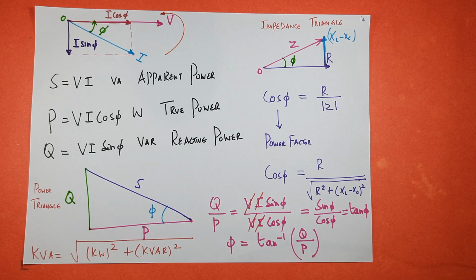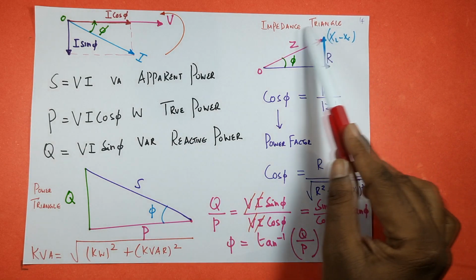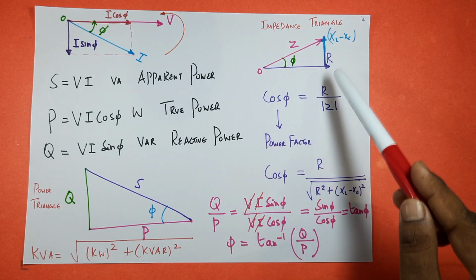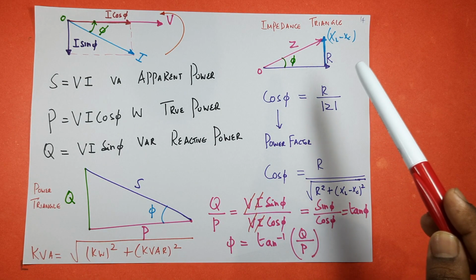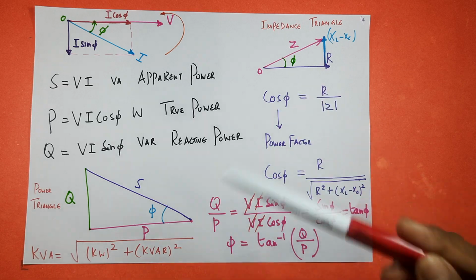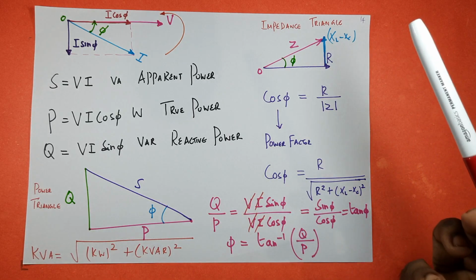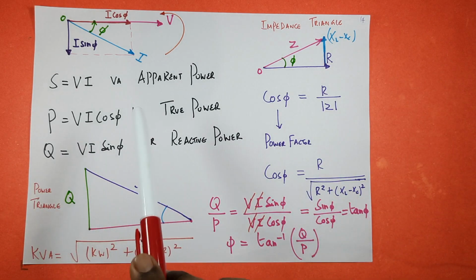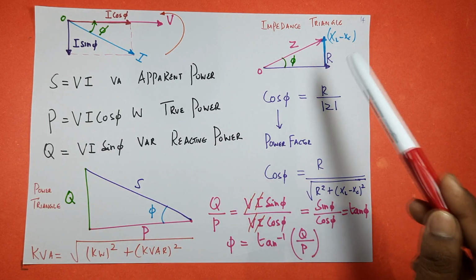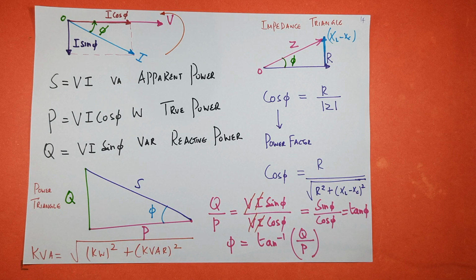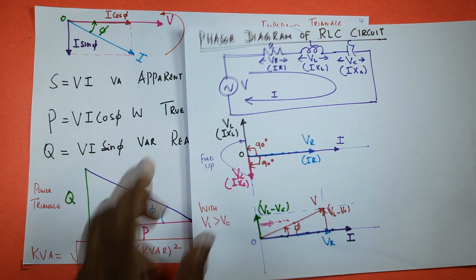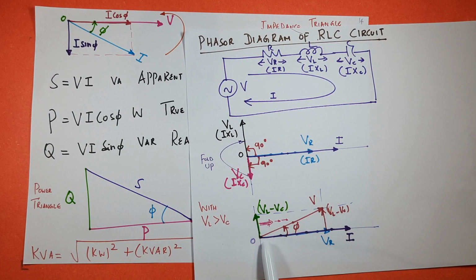Okay. So now you can draw the phasor diagram in terms of the resistor and reactances. Actually, you derive this from the voltage, I will show you. See, this is VR.